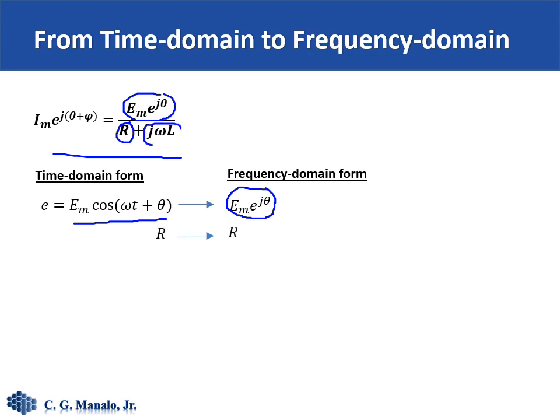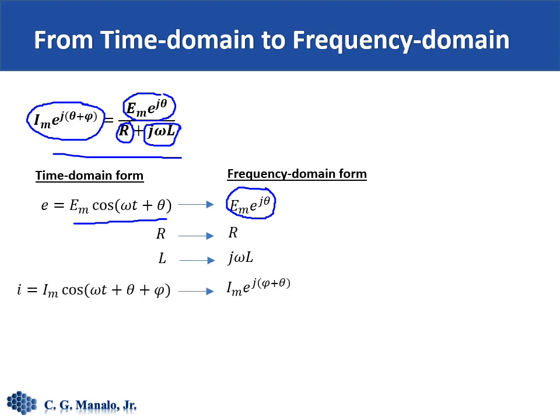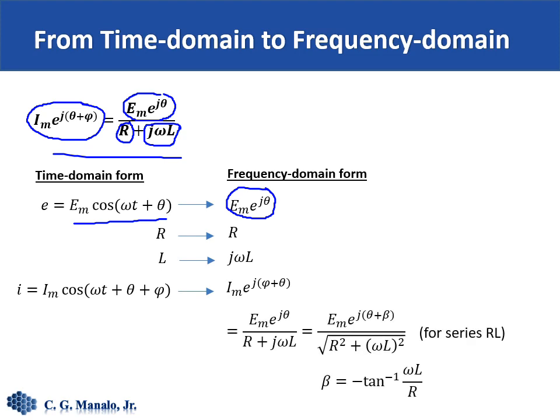This one is the frequency domain equivalent of our inductor L in our circuit. And lastly, this expression here is the frequency domain equivalent of our steady state response, which we know to be equal to this based on what we have done on our previous slides.